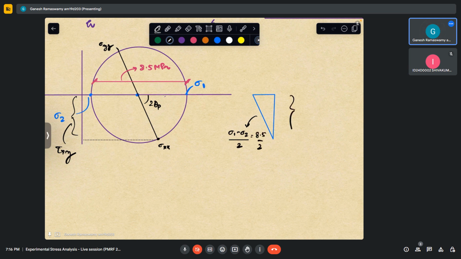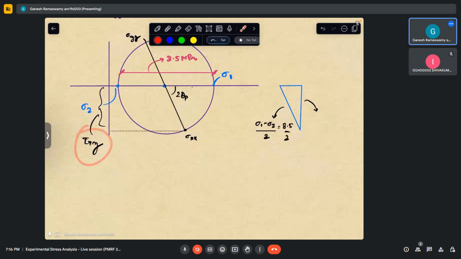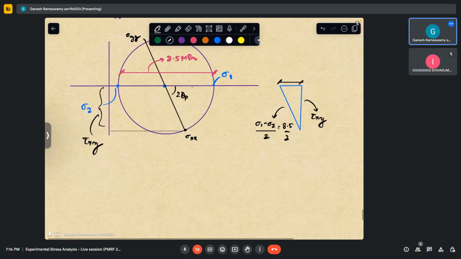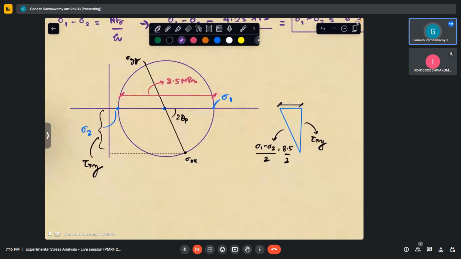This length is nothing but our tau xy. And this length, if I draw a projection from here, this distance is sigma xx minus sigma yy.